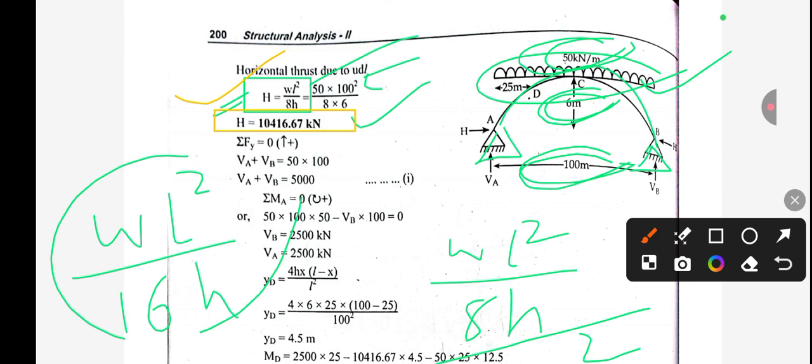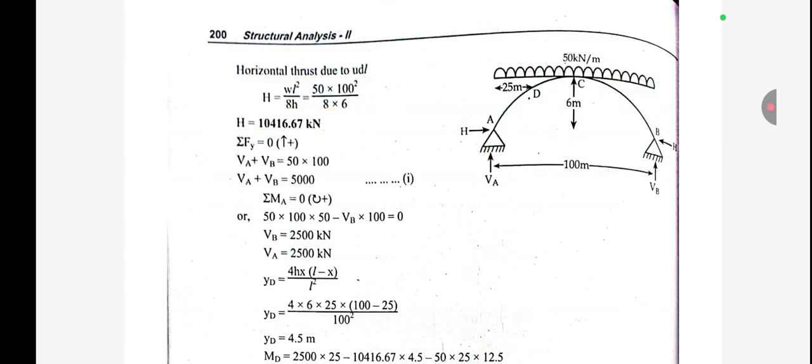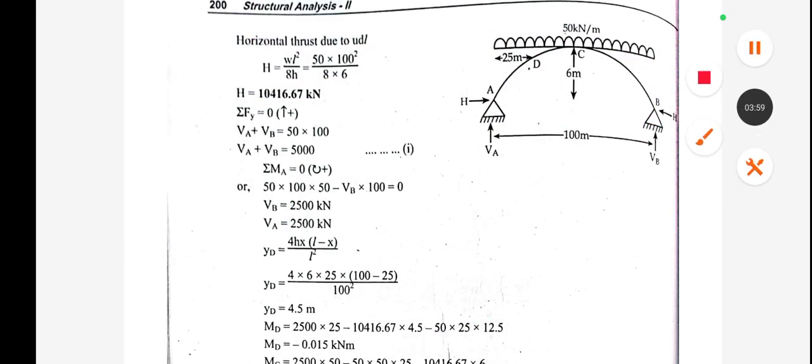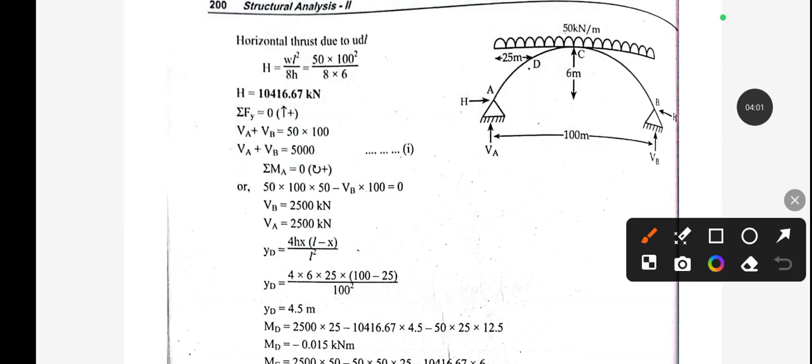Now we have to also draw the BMD. For BMD we need to calculate the value of moment. For this moment calculation, first we need to find out the vertical reactions at A and B. For this we take summation Fy equal to 0.